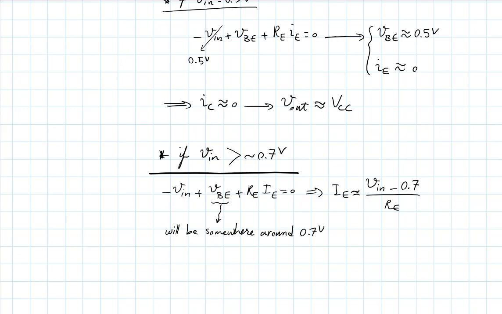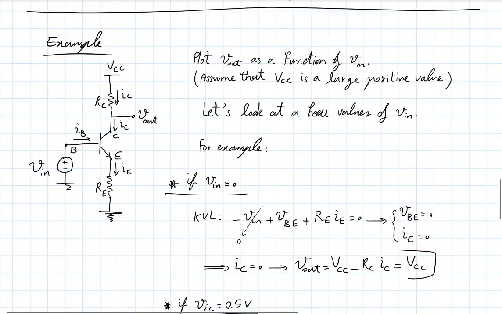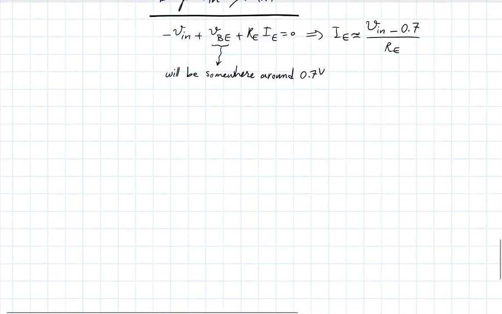If my diode was really that very simplified diode model where it had a fixed 0.7 volts, this would be a completely accurate equation. But of course, the diode is not a fixed 0.7. As you keep increasing V in, this 0.7 also increases a little bit, but by a small amount. Well, what can I say for the output voltage, V out?